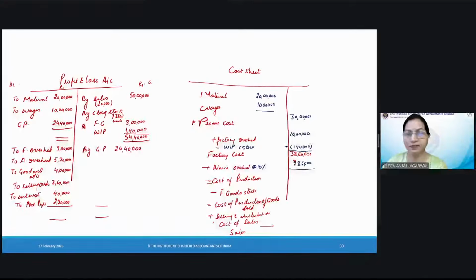And 3 lakh 86,000 would be the administration overheads.